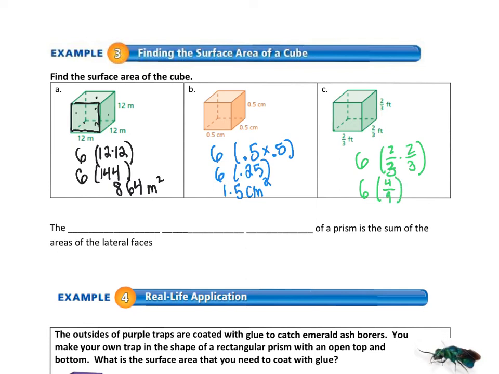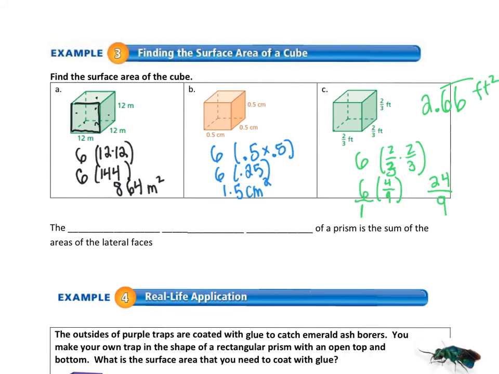Okay, so 4/9. And again, we can multiply across, put 1 as a denominator for 6, and get 24/9. 24/9 as a decimal is equal to 2.6, repeating, and this is feet squared.